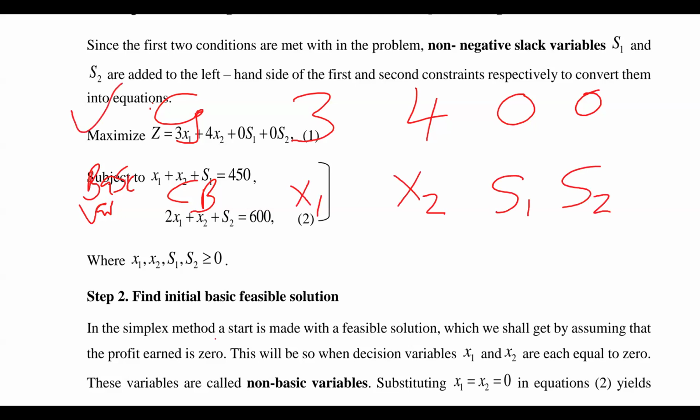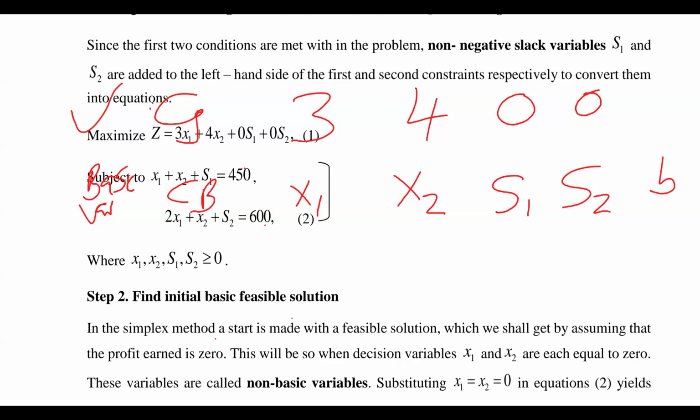And then you will add another column, the B matrix, for the products, the last figures, the right-hand side of the constraints. These are the steps.